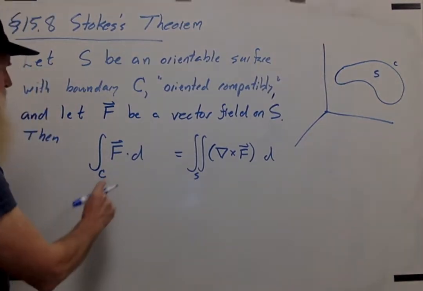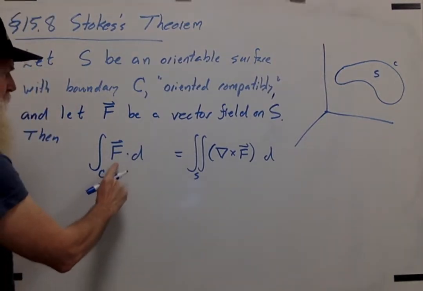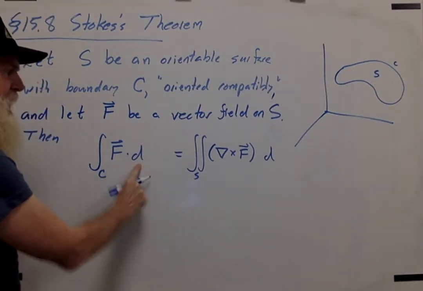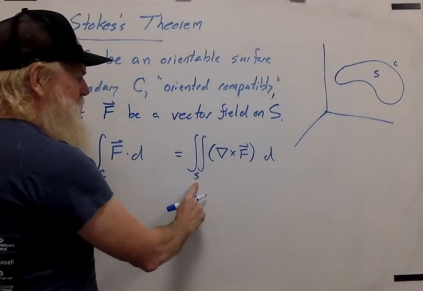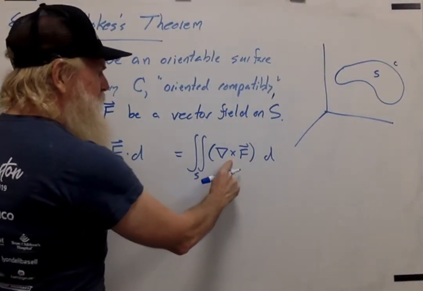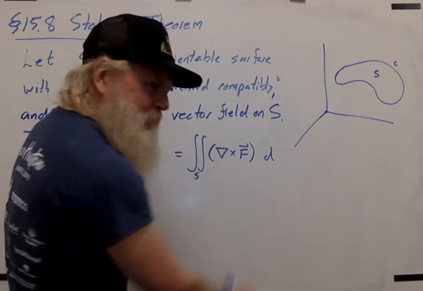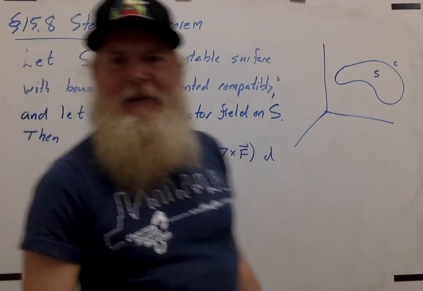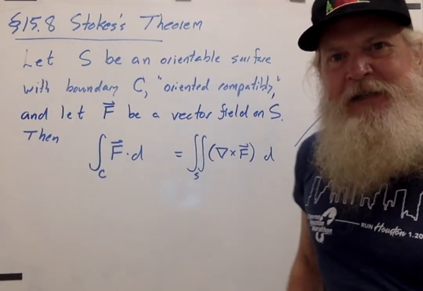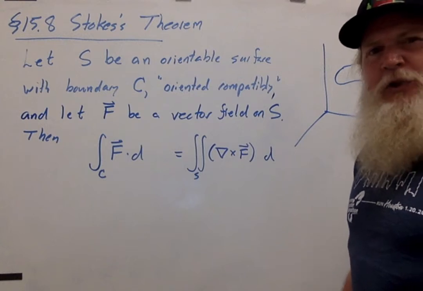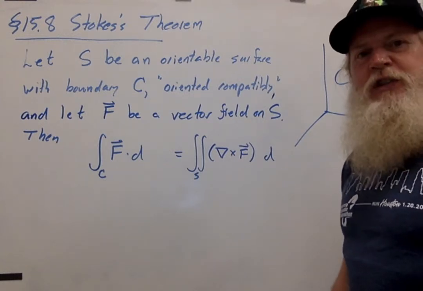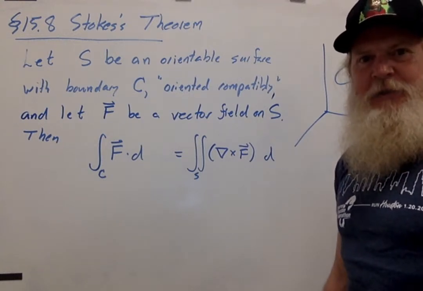Then Stokes' theorem says that the integral along C of F dotted with ds is equal to the double integral over S of the curl of F ds. Now you'll notice that I've left this a little bit incomplete, because I want you to use your context clues to figure out which ds is going to go in each place.